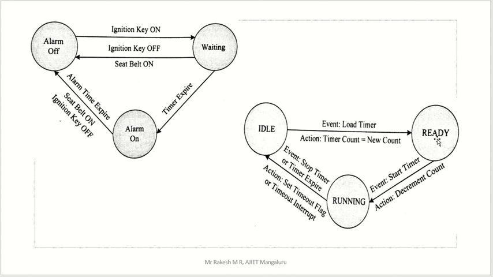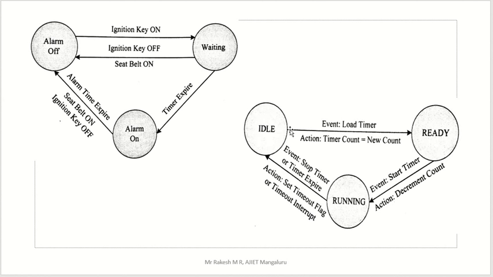That is the input for your ready state. This is the input here. Now what is the output here? The event is start timer. So when you are in ready, I'm just connecting with this state. The event is start timer, and the action is decrement count.